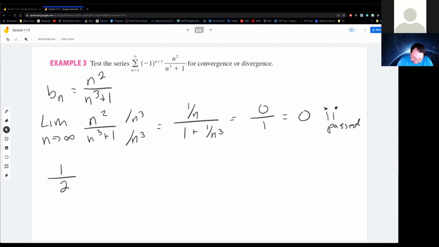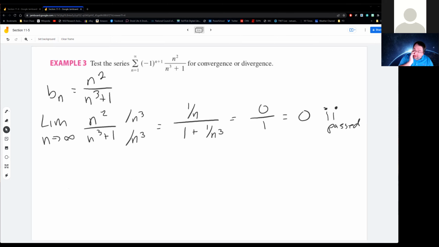If I plug in 2, I get 4 over 9, which I guess is decreasing. If I plug in 3, I think it's actually the cube root of 3 or 2, so it does decrease there. I guess you could say this one's decreasing without having to do much work. I'm going to do some work with it just to show you how to automatically test it, but you probably wouldn't have to do that.